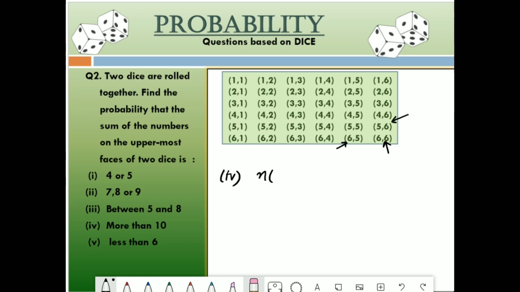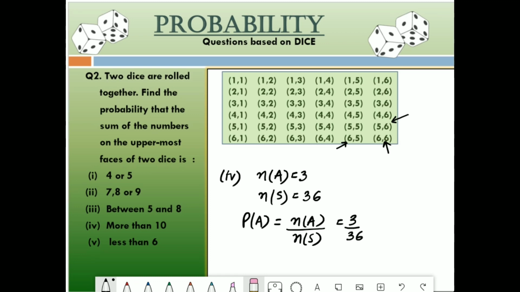So number of favorable outcomes is equal to 3, and total number of all possible outcomes is equal to 36. And using formula of probability, n of A divided by n of S, 3 upon 36 is the answer. And we need to simplify this further, so 1 upon 12 is the final answer.